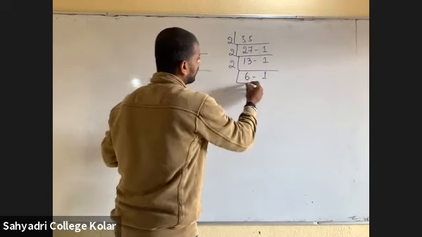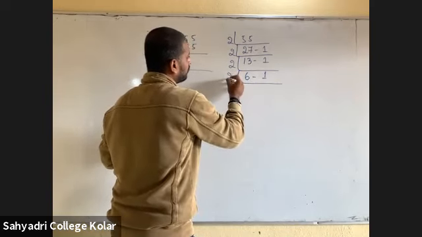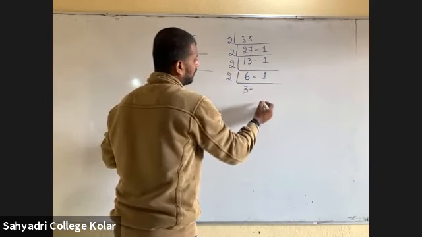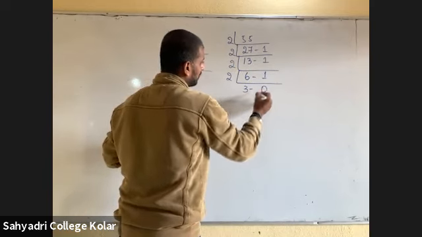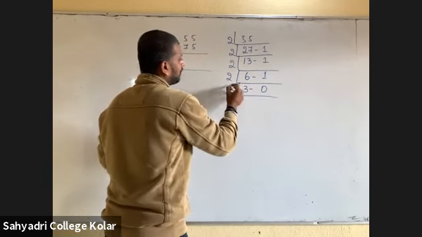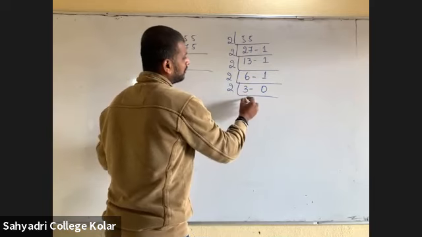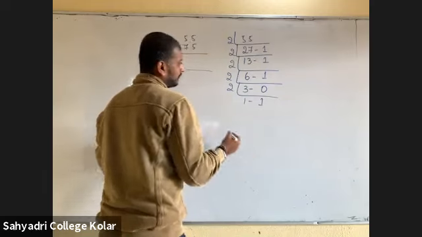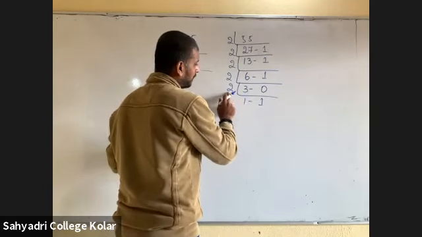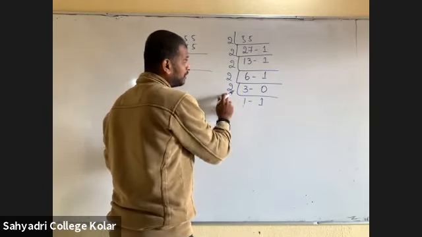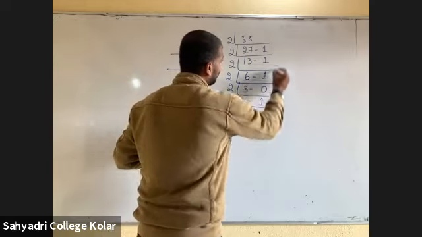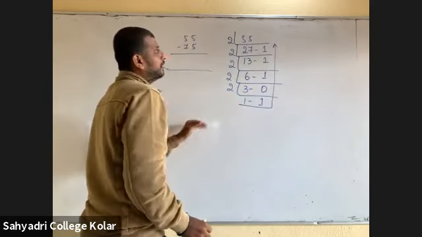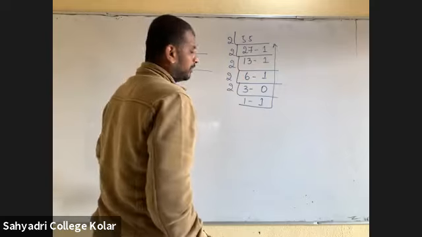Next, I will divide 6 by 2, the quotient will be 3 and the remainder will be 0. And again, I will divide 3 by 2, the quotient will be 1 and the remainder will be 1. Again, I cannot divide 1 by 2 because 1 is smaller than 2. Now, I have converted 55 to binary form.